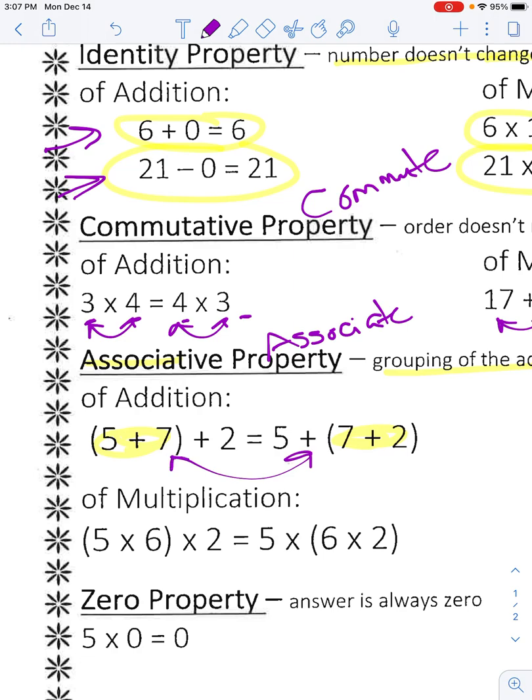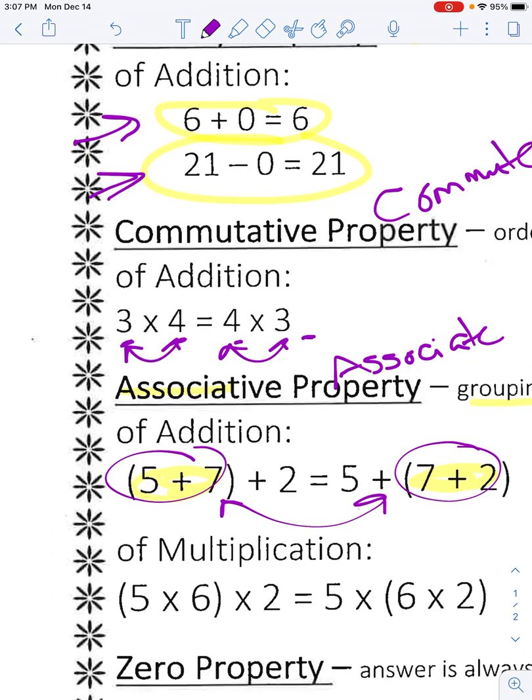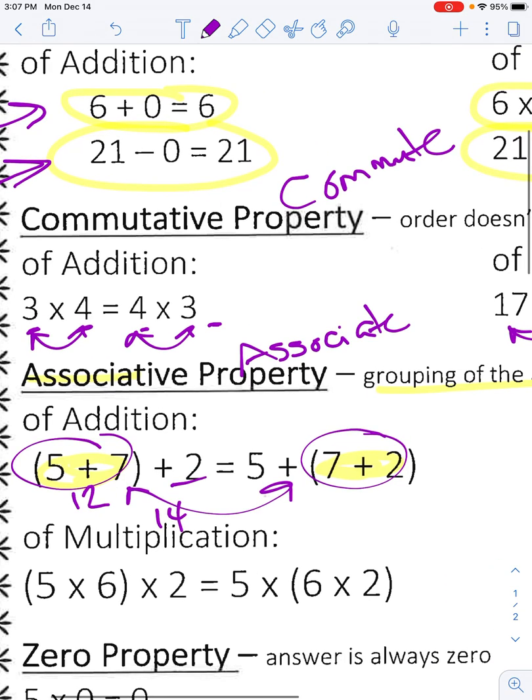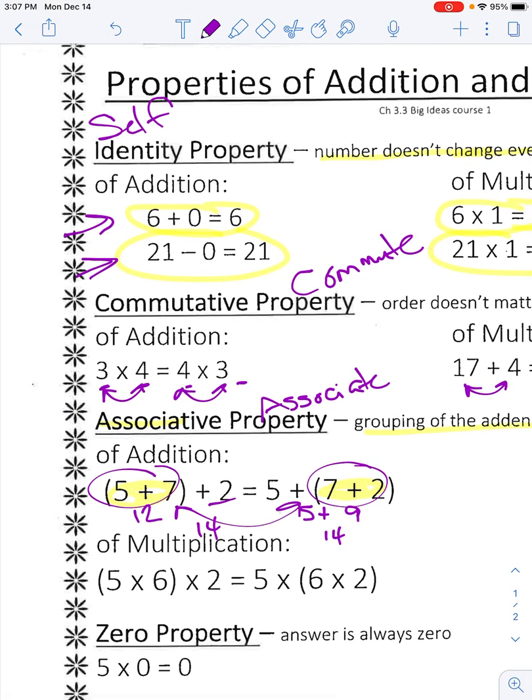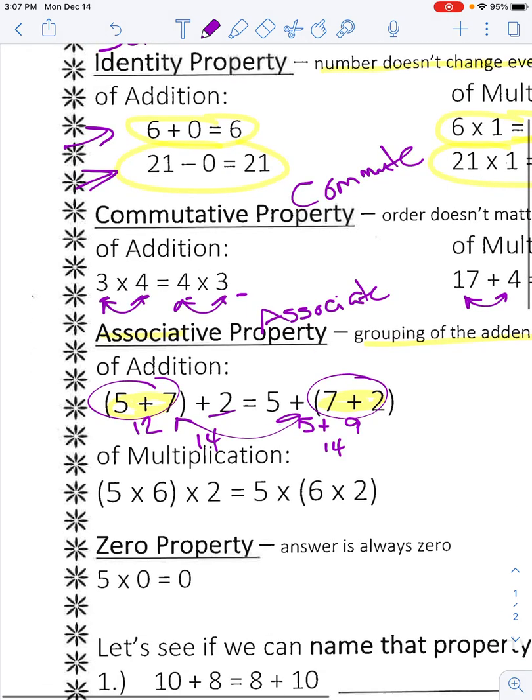Just different people are hanging out. No matter what, we're going to get the same answer. 5 plus 7 is 12, plus the 2 is 14. Or over here, 7 plus 2 is 9, plus the 5 is 14. So it doesn't matter the way in which we do the problem, we're still going to get 14.